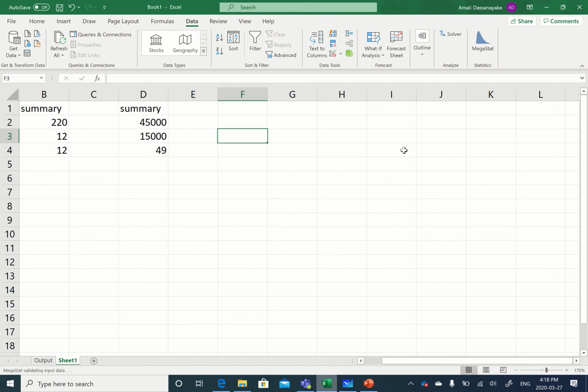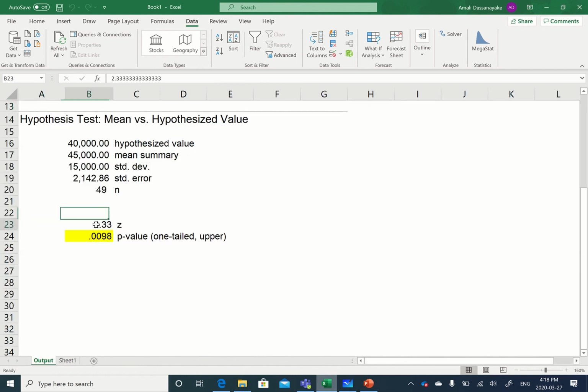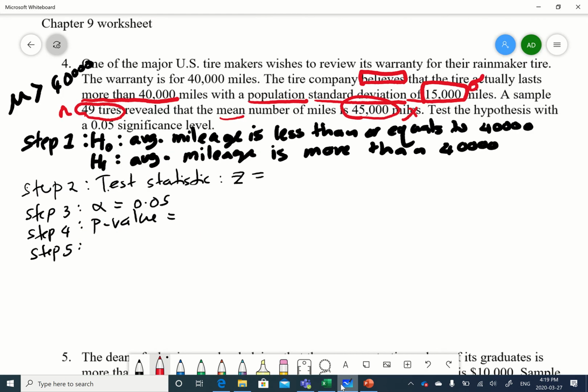So this is 2.33, with a p-value of 0.0098. Okay, I think we are going to land on the same conclusion.